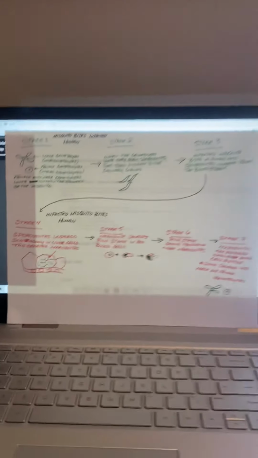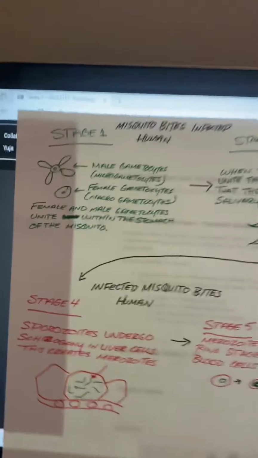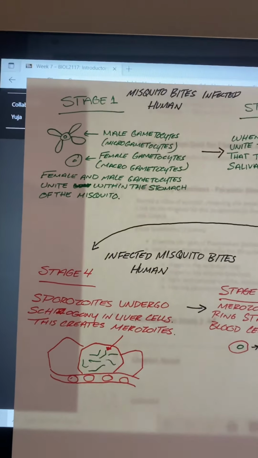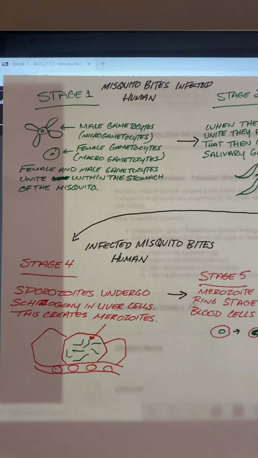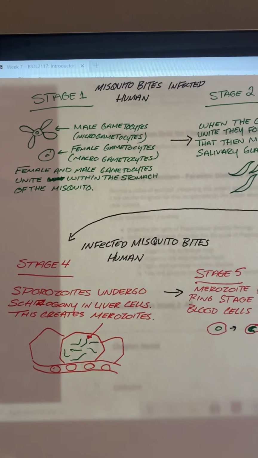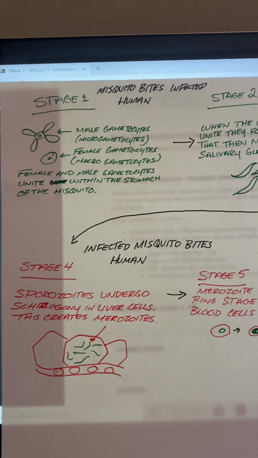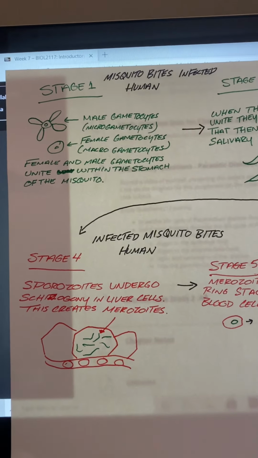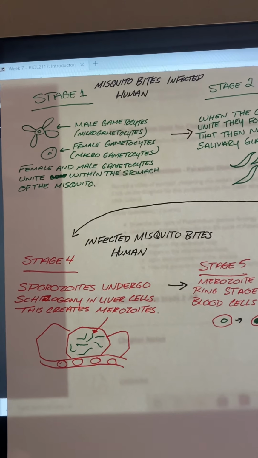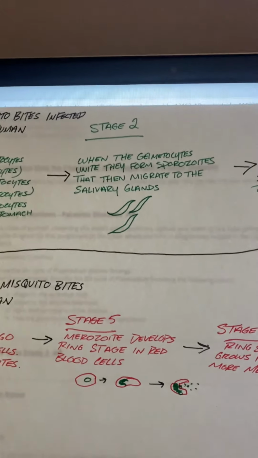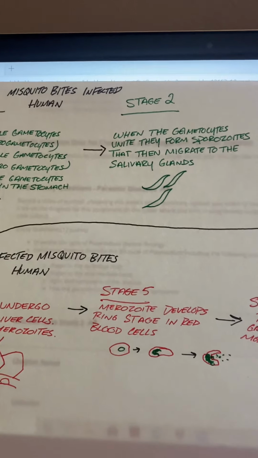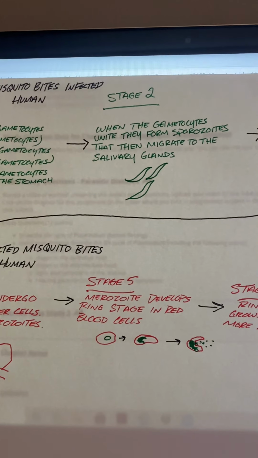So first up here, this is my drawing of the life cycle. In stage 1, you have the male and female gametocytes. In there, they unite and they become sporozoites.